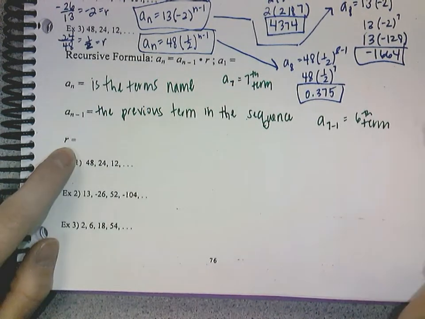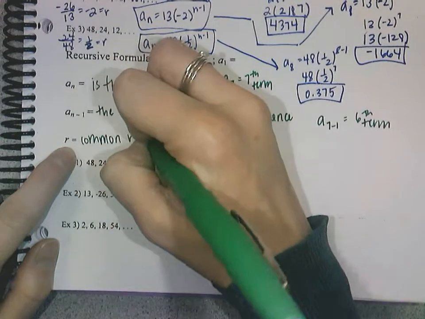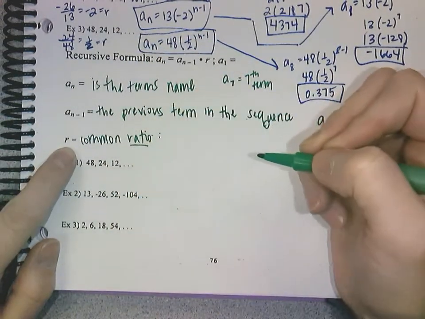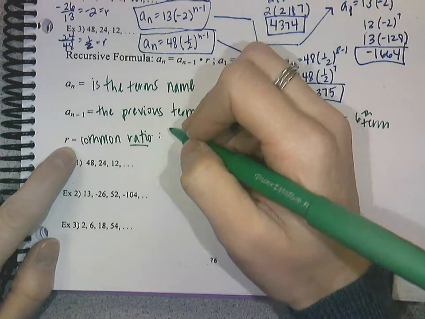R is the same thing as it was in our explicit formula, so it's your common ratio. Remember, ratio is a fancy way to say fraction, and that's what's being multiplied or divided to get to the next term.